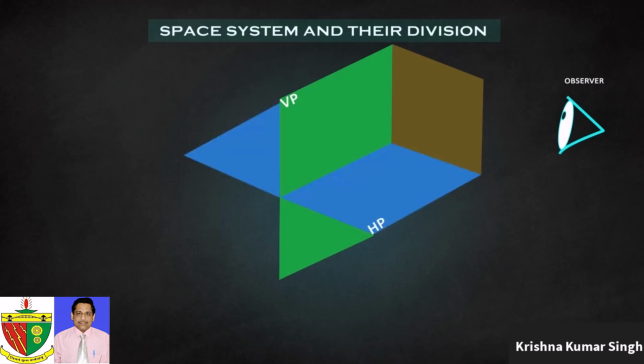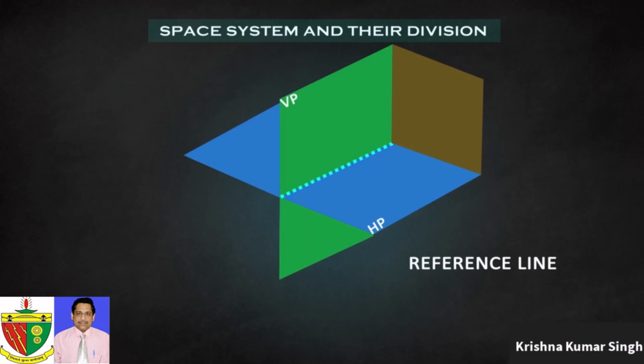The planes HP and VP are called principal planes. The two planes' bisecting line, or line of intersection, is nothing but the reference line. The reference line is denoted with XY because the two planes are nothing but XY coordinates.